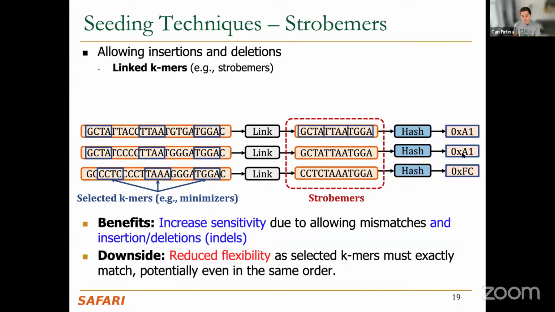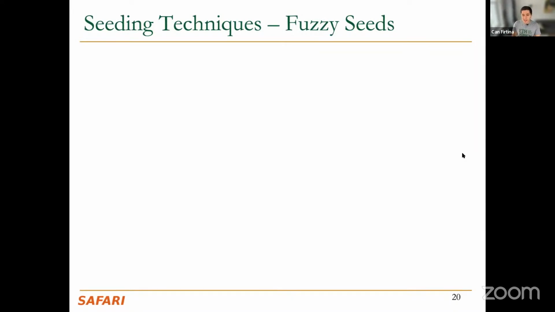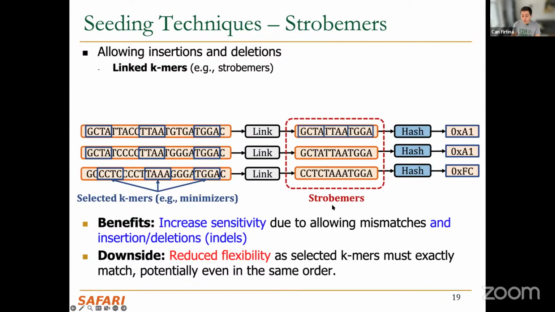But the downside is, again, there is some reduced flexibility, because the selected k-mers, after being linked, should exactly match between sequences. So you can see that these seeding approaches, even though they tell us how to generate the seeds and the hash values, still require exact matches of the resulting sequences, right?